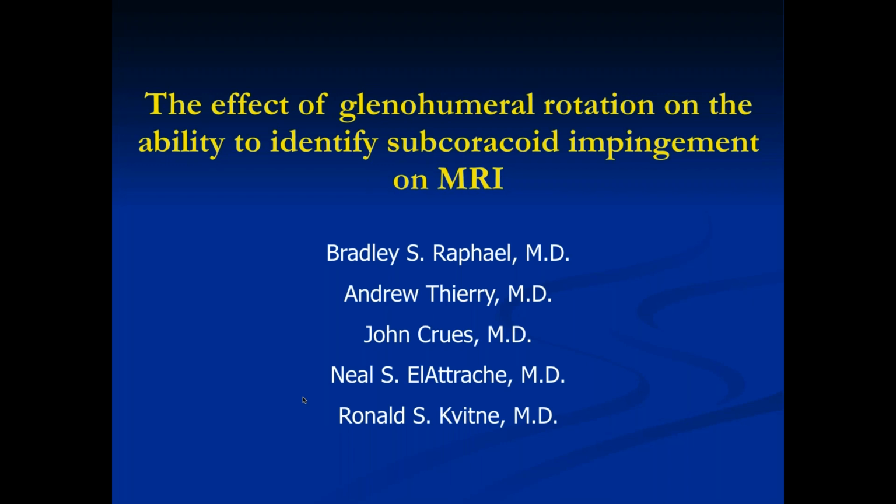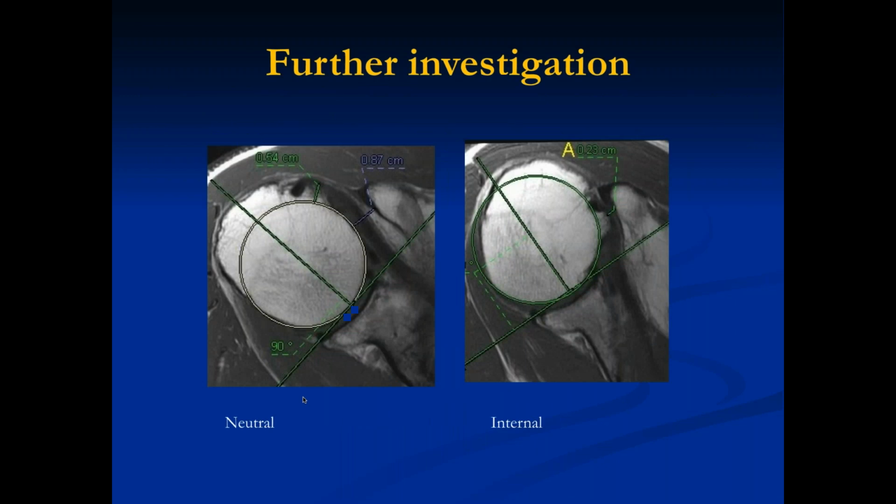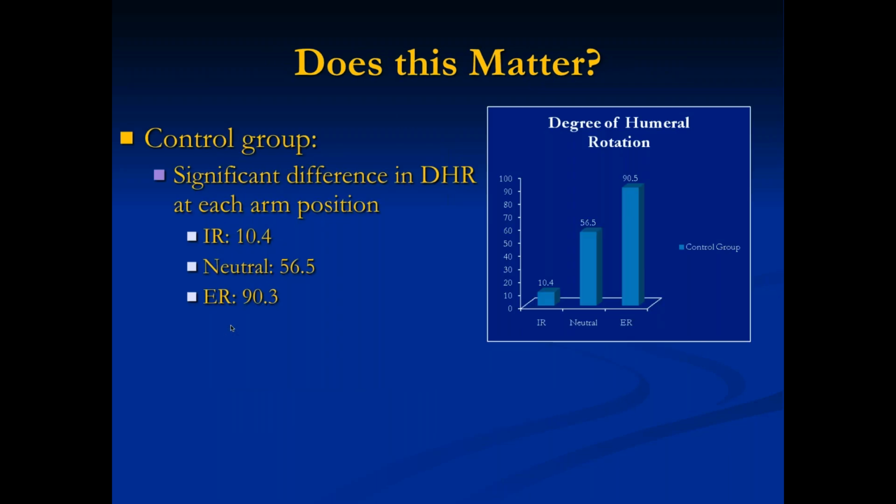This was a paper that we published a number of years ago, where we looked at these distances in people with different degrees of internal and external rotation. Here you can see a very narrow distance in someone who actually wasn't symptomatic. This was me. Then here we get more of a neutral, and then in external we got less.